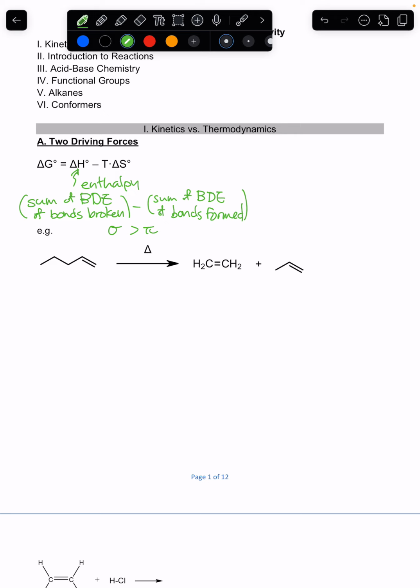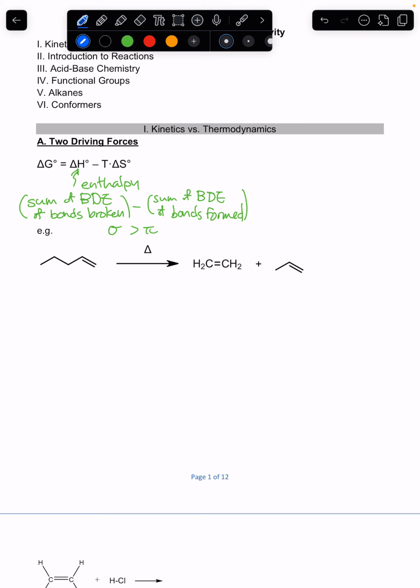And so for that reason, you just need to be able to estimate and look at a reaction and go, oh, this should be an enthalpically driven reaction, and make a prediction like that. Usually all we have to think about is how many sigma bonds you are breaking and how many sigma bonds you are forming and how many pi bonds are breaking and forming and stuff like that.